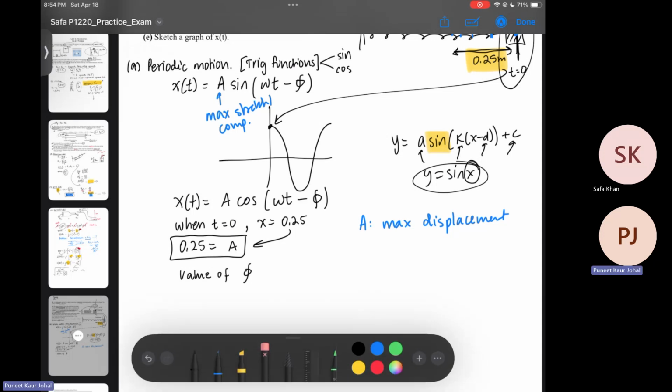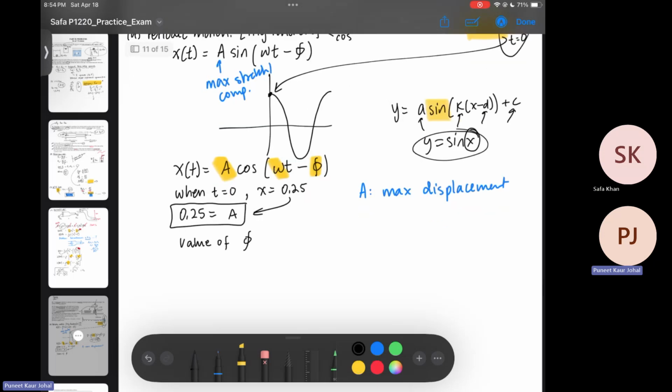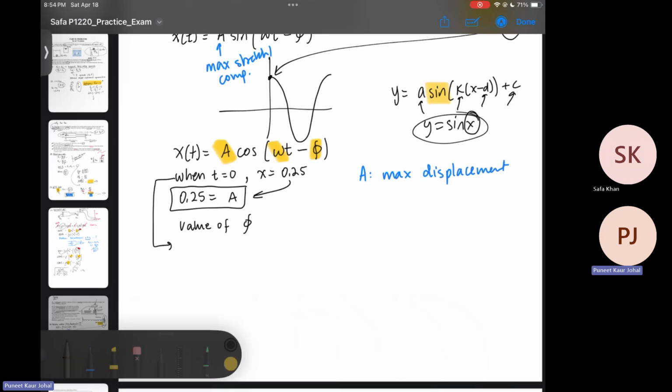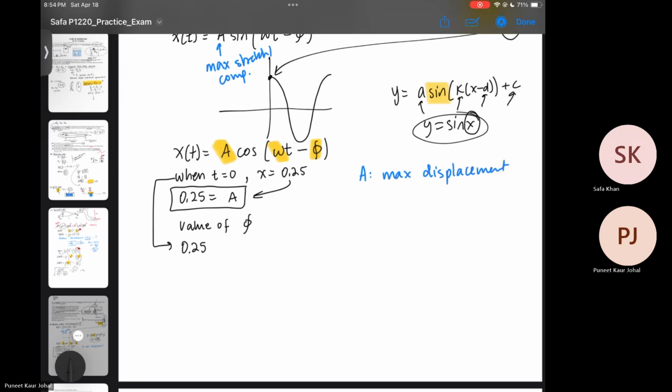What else we need to do here is find the value of A, omega and this phi. We know A because we know the maximum displacement. We'll now try to find phi, and we will use these parameters. We know that when t is equal to 0, x is 0.25, and A is also 0.25, and the equation becomes something like this.